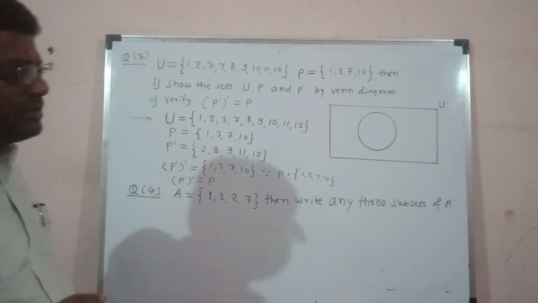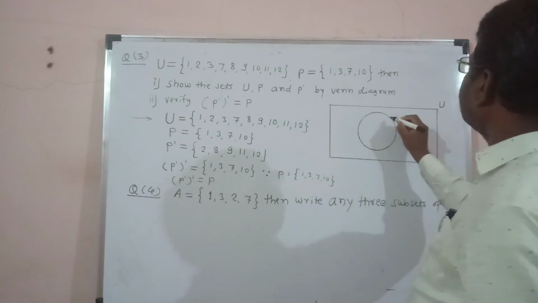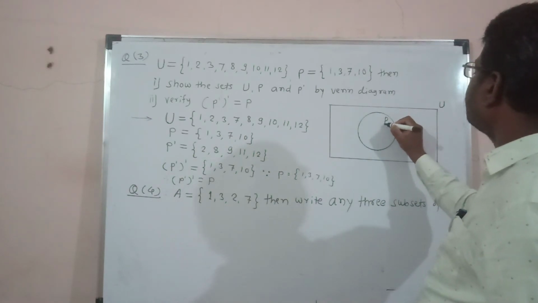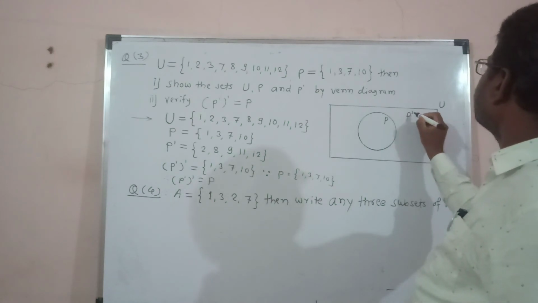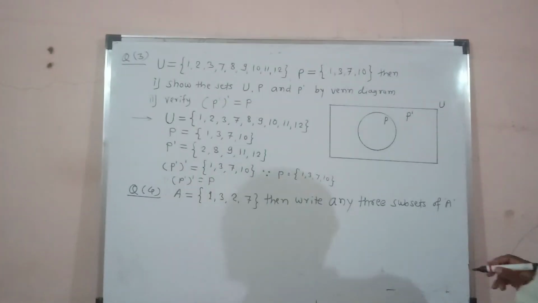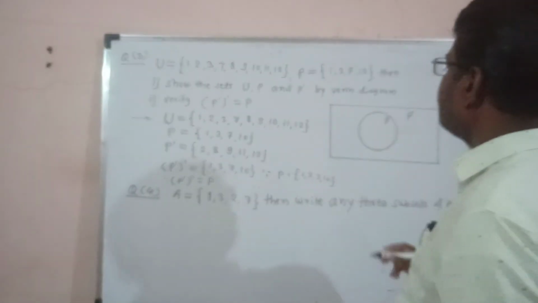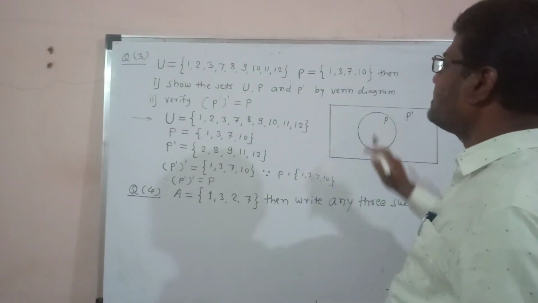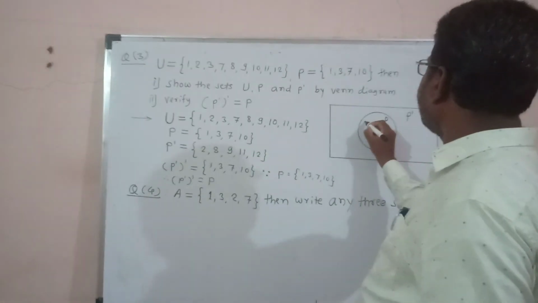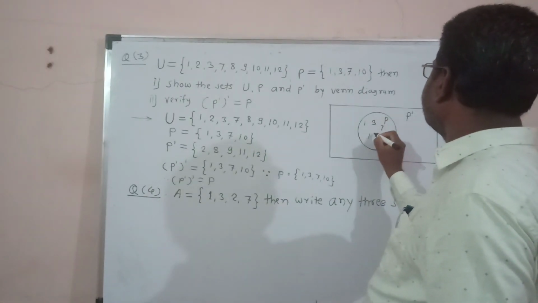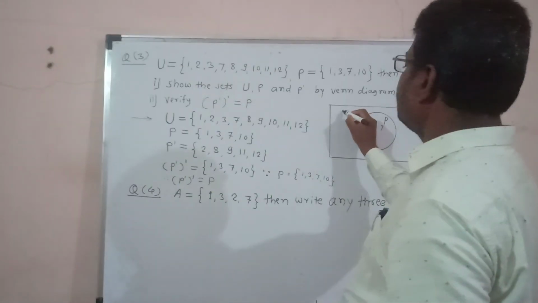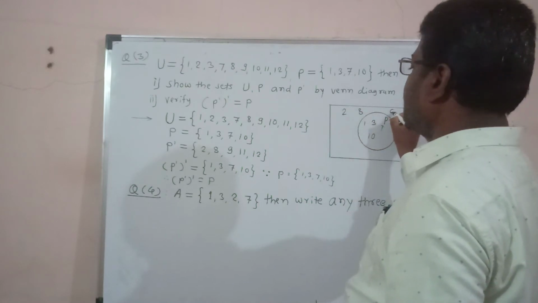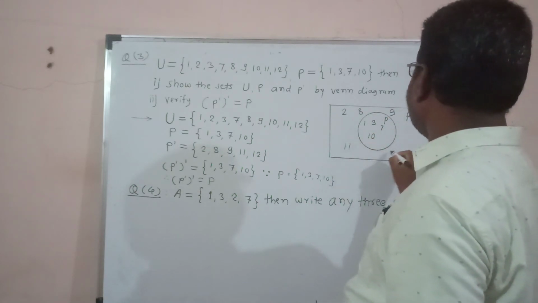Now show the sets by Venn diagram. In the inner circle we show set P, and outside the circle, in the rectangle, we write its complement P dash. Write at first all the elements of P in the circle, and those elements are 1, 3, 7, 10, and the remaining elements, that is the elements of P dash, are 2, 8, 9, 11, 12.